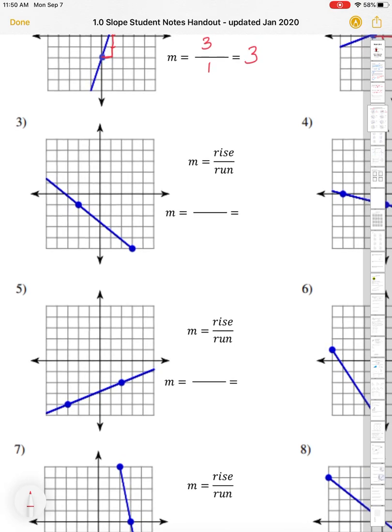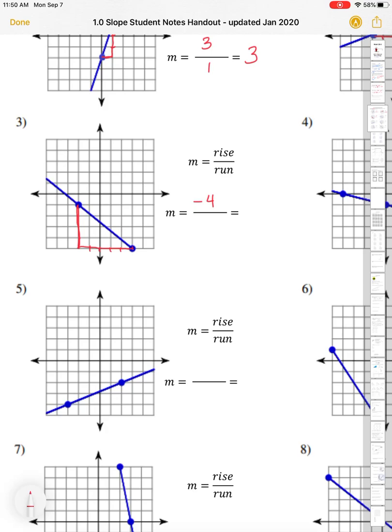Looking at number 3, here we have a slope that goes down. When a slope goes down, it's going to be a negative slope. In terms of a rise, we have a decrease. So our rise goes down 1, 2, 3, 4, so our rise is actually negative 4.